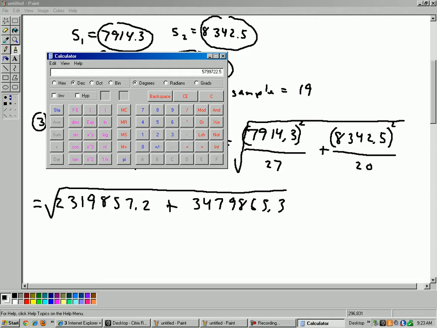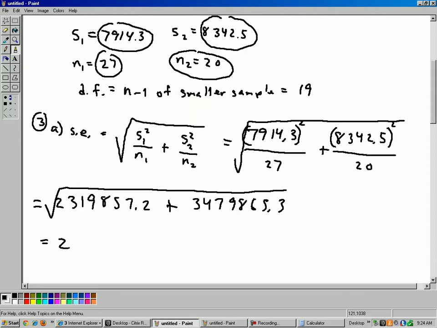So I'll just hit the exponent button, type 0.5 and equals. Okay, so there it is. I get 2408.3 rounded off. That's our standard error right there.